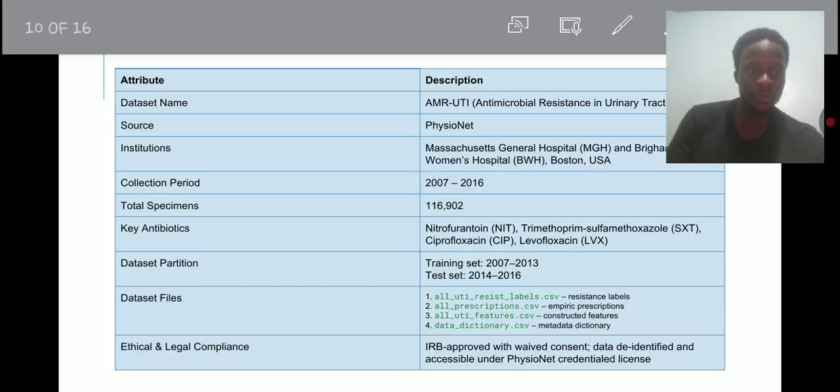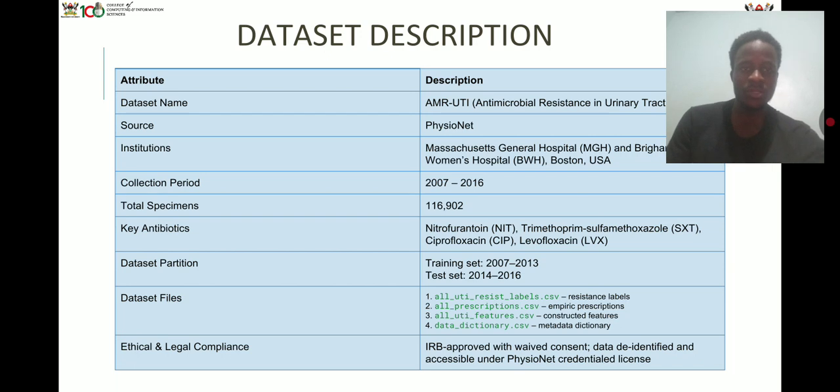Next, we shall have the dataset description. Our dataset name is AMR UTI, antimicrobial resistance in urinary tract infections, and the source of the dataset is PhysioNet. Institutions include Massachusetts General Hospital, and the collection of the data was carried out between 2007 and 2016.